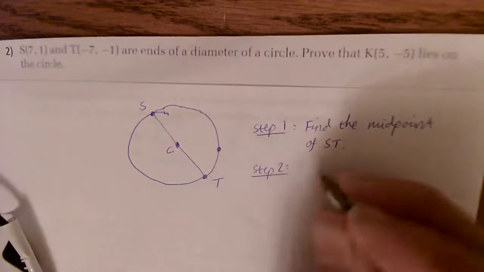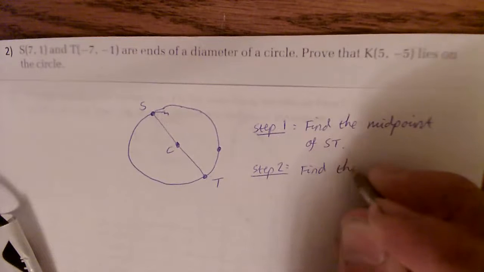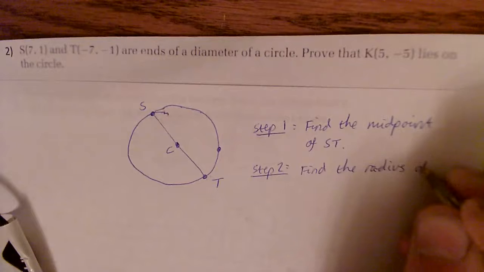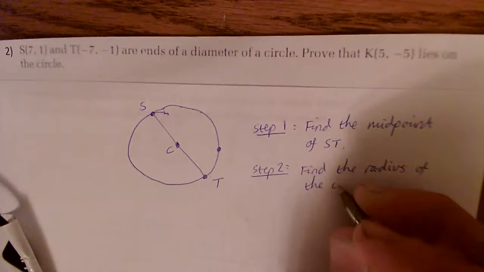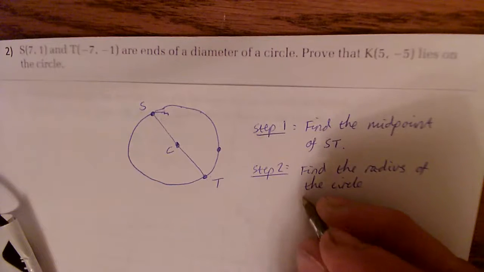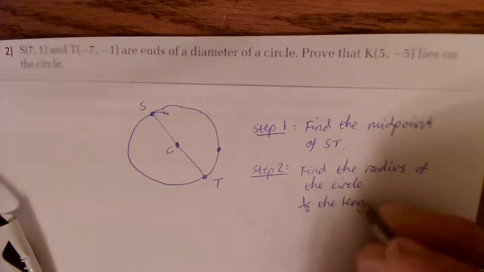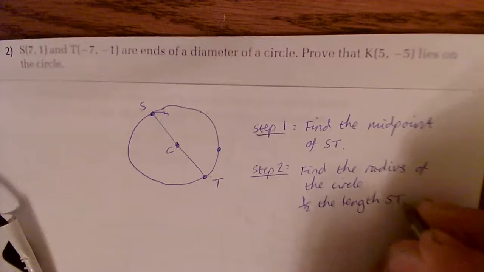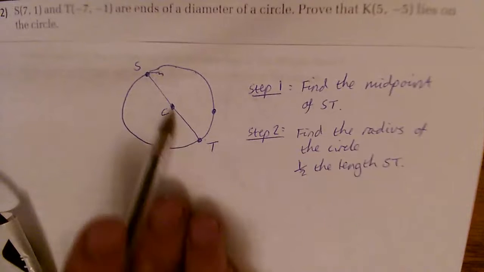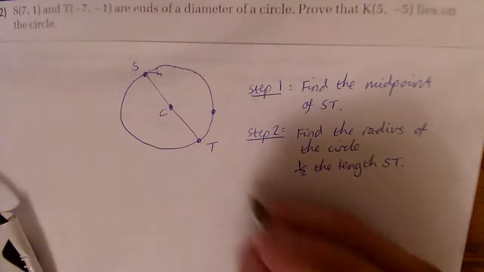Step 2, find the radius of the circle, which is half the length ST. Or you might be thinking ahead, you could actually find the distance CT. That would also give you the radius or half the length ST. Either method, absolutely fine.